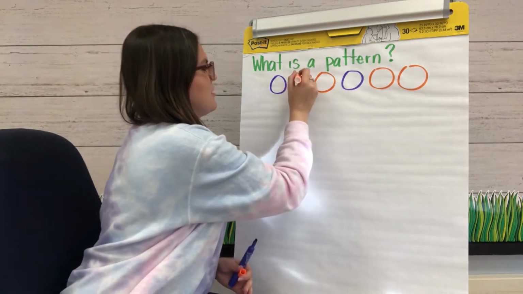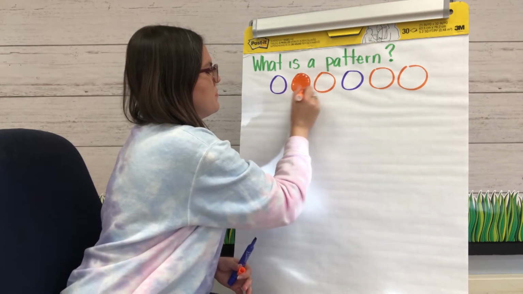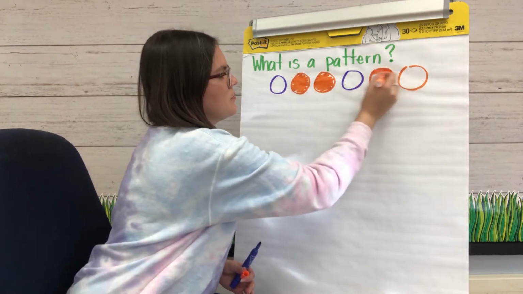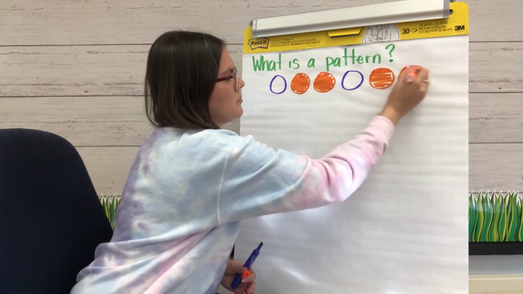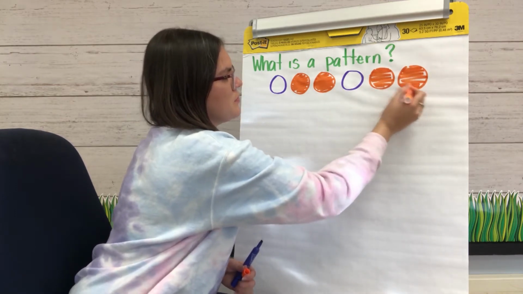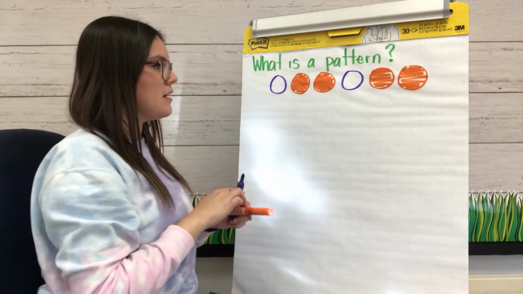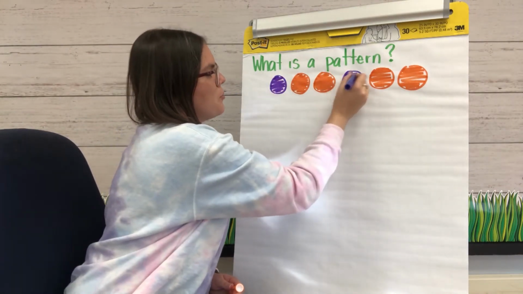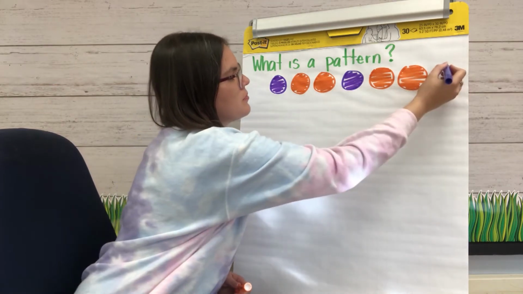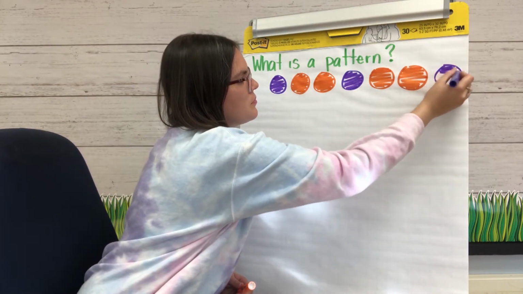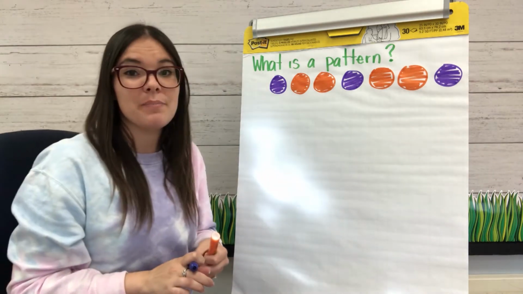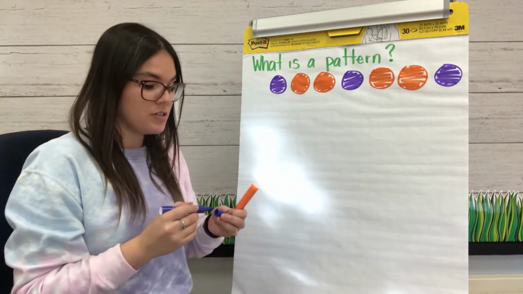Let me color these in so you can see it better. Yeah. The next thing that would go is another purple one. That's so cool. I just made a pattern with colors.